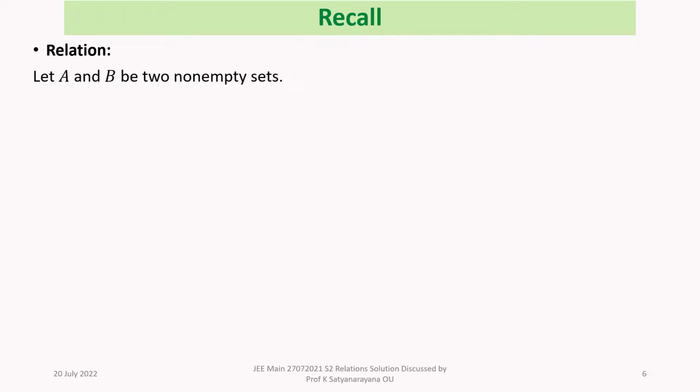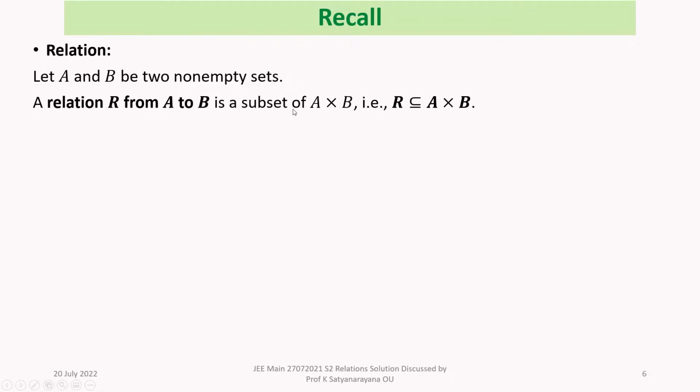We have two non-empty sets A and B, and a relation R from A to B is a subset of A cross B, where cross is the Cartesian product of A and B. If R is a subset of A cross A, that means it is a relation from A to A itself, then R is called a relation on A. And the relations on A are classified, and we have the following types of relations.